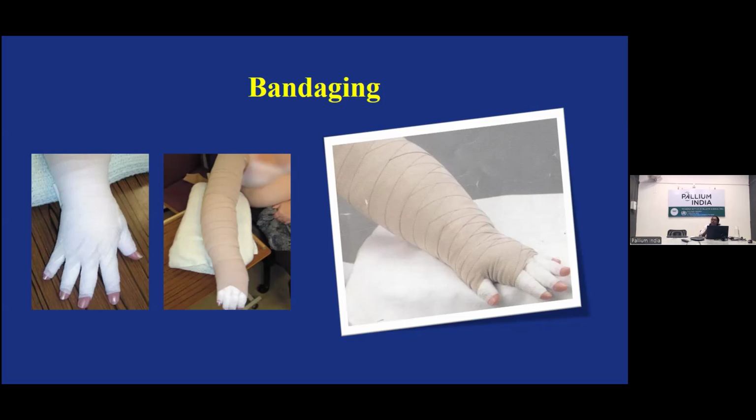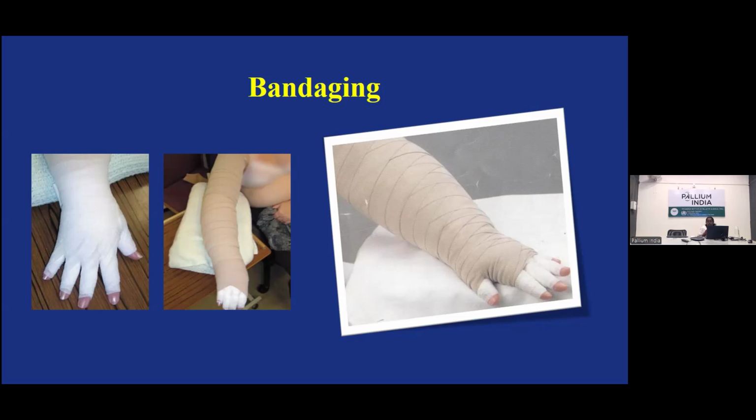But the one major advice you have to give the patient for wearing stockings is they should remove the hosiery or stockings at night, because the elastic power is more in the stockings.